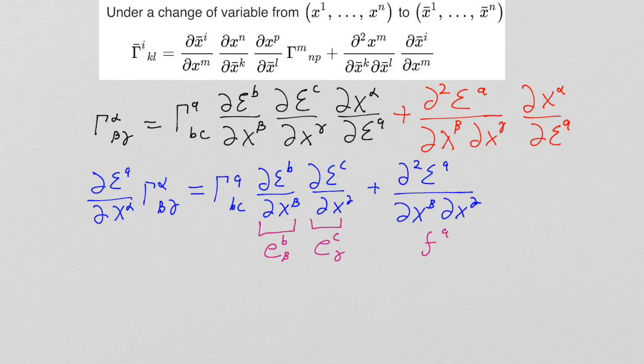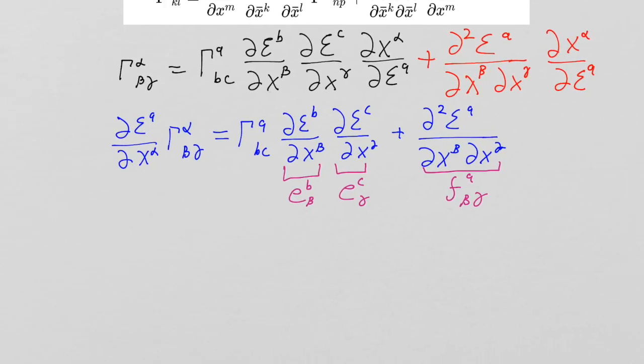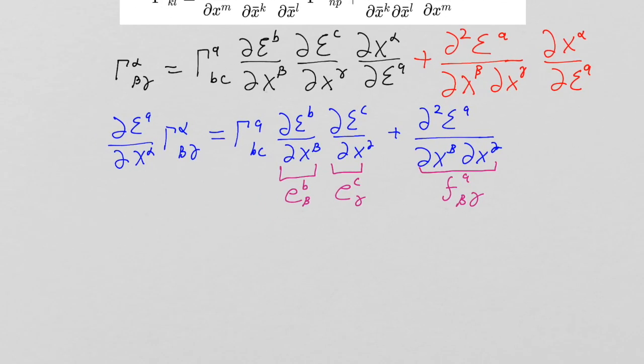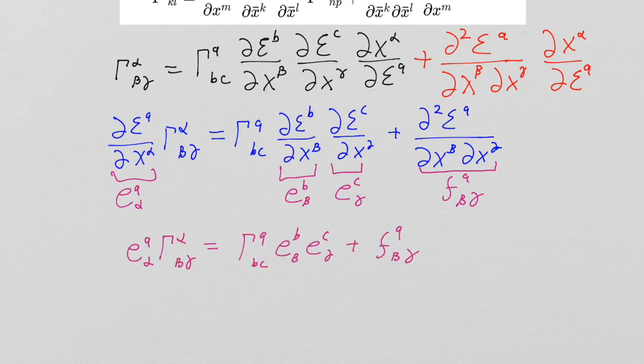We called it F^A_βγ, right? We just took this whole thing and gave it this sort of compact name. So we can rewrite this expression a little more tightly. This is E^A_α. So we can rewrite the blue expression more tightly as such, right?